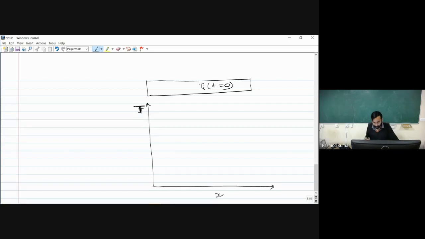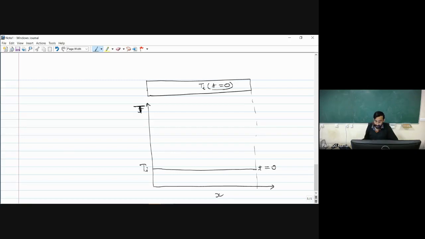If I plot x versus temperature at time t equal to 0, in my entire rod I have temperature equal to Ti.